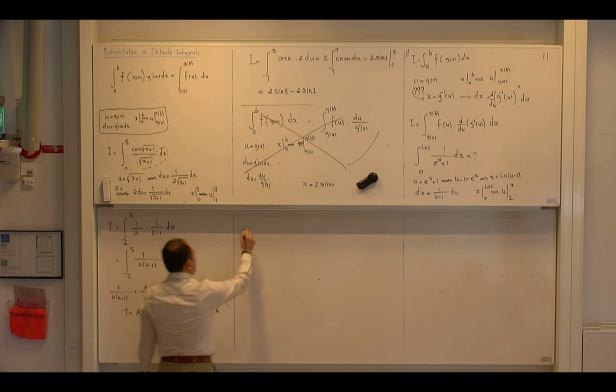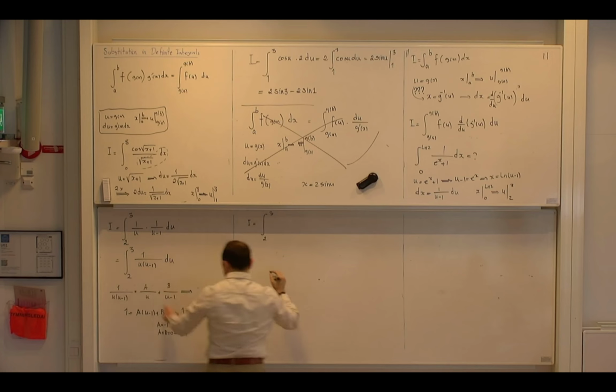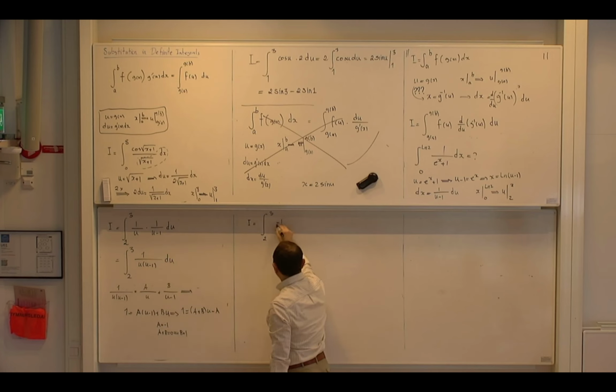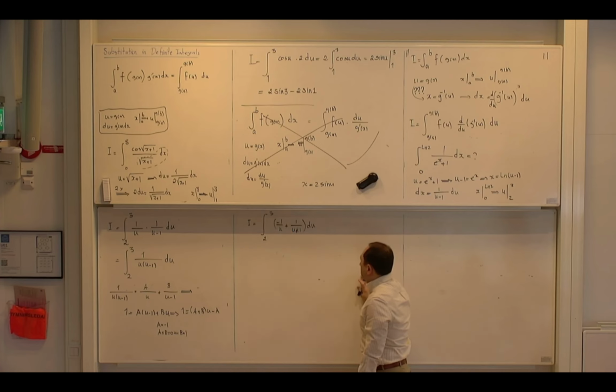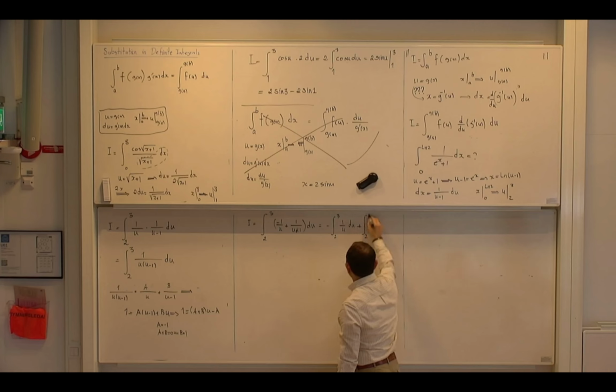So the integral I becomes integral from 2 to 3, a is minus 1, b is 1. And then of course I split it: minus integral from 2 to 3, 1 over u du, plus integral from 2 to 3, du over u minus 1.